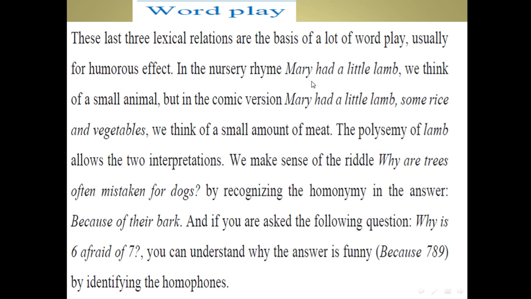When we say Mary had a little lamb, we think she has a small sheep. But when we say Mary had a little lamb and some rice and vegetables, for example, on the table, lamb in this sentence means some meat, a small amount of meat. The meat of the small sheep, okay?